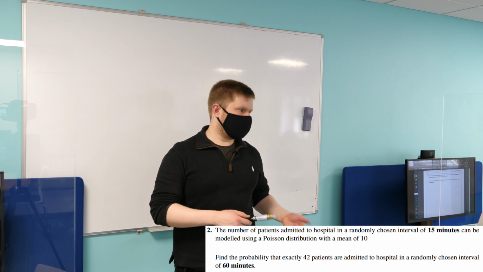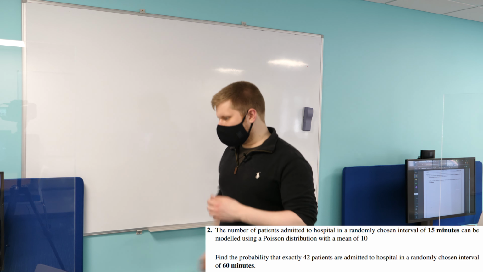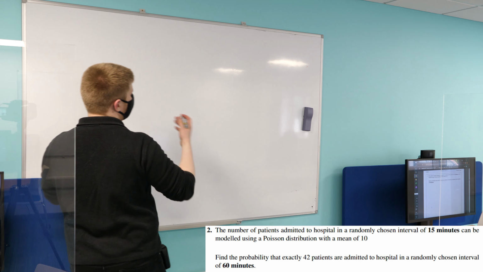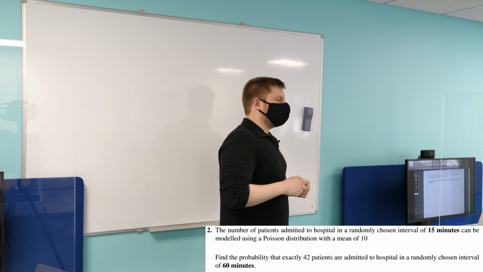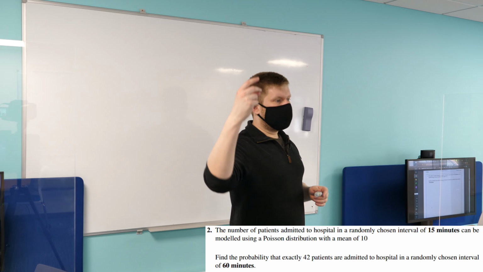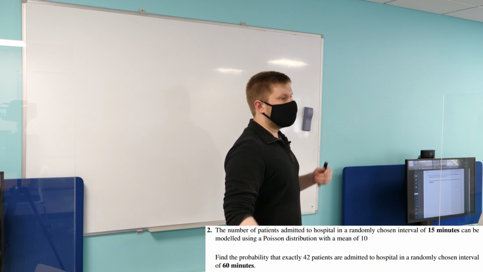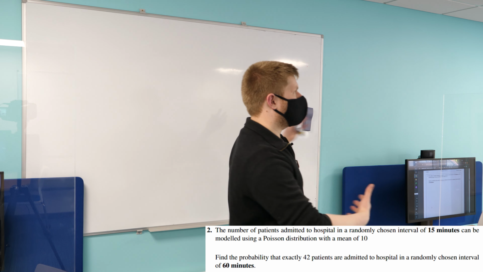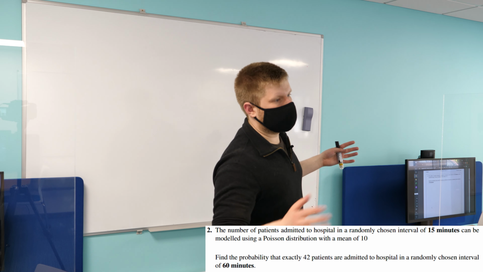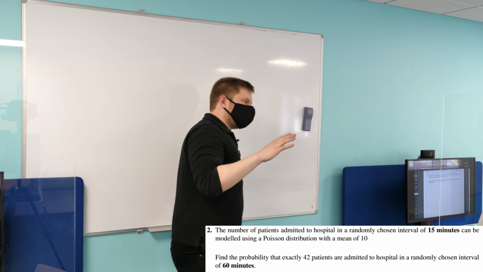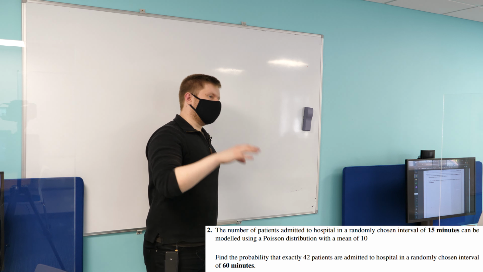So if I say, first of all, that my random variable, so you remember when we're doing distributions, I always say to you, make sure you define your distribution, okay? So let x equal, in the last example, the number of goals scored, right? In this case, with Poisson, it's particularly important.